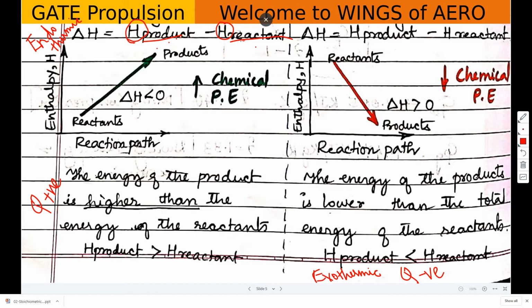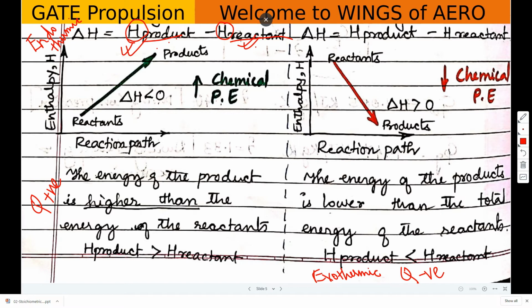Reactant means what is added, for example fuel and air getting mixed, and the outcome or byproduct is the product. So delta H equals H of product minus H of reactant.